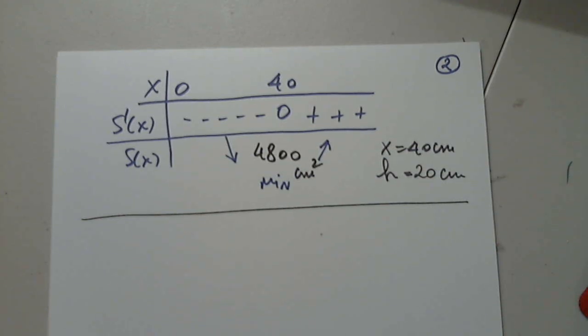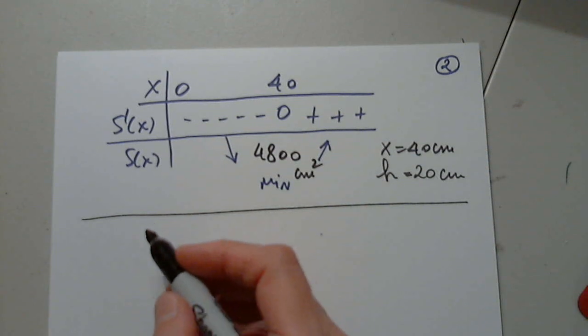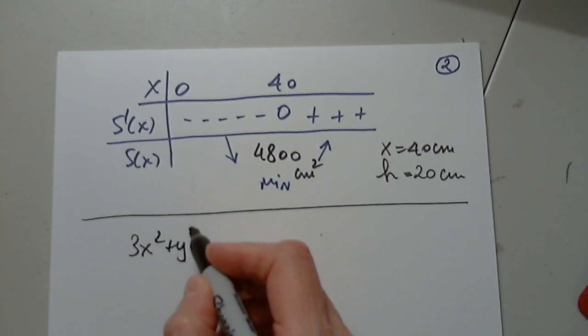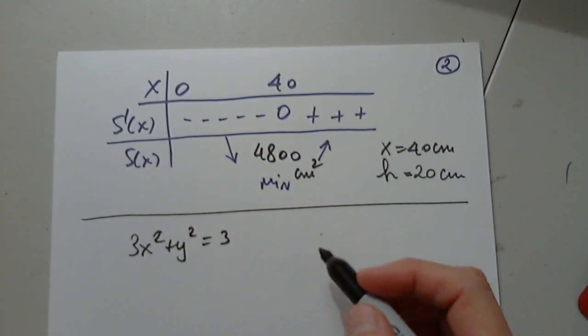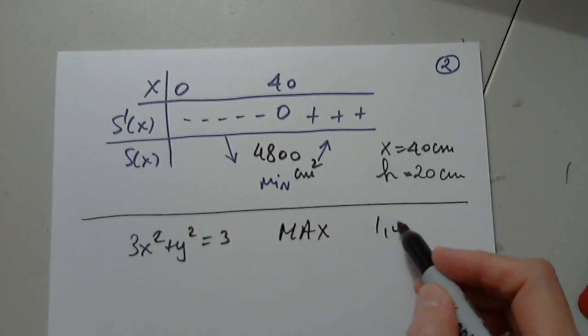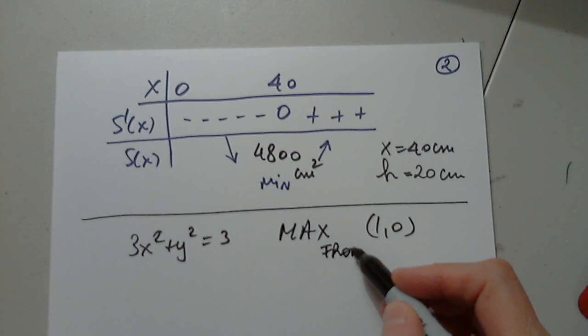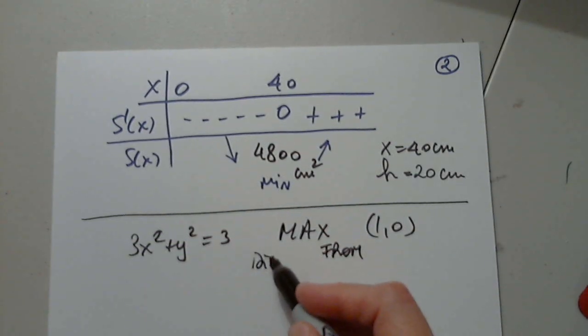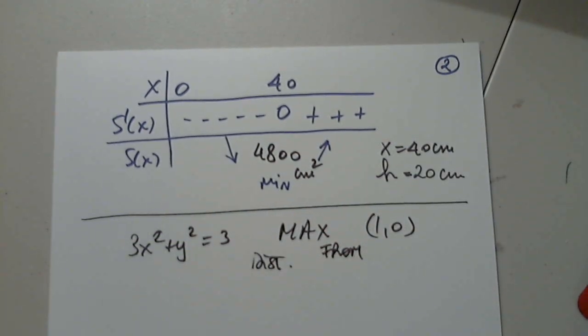I can help you. It says 3x squared plus y squared equals 3, and furthest from the point 1, 0. Max distance from 1, 0.